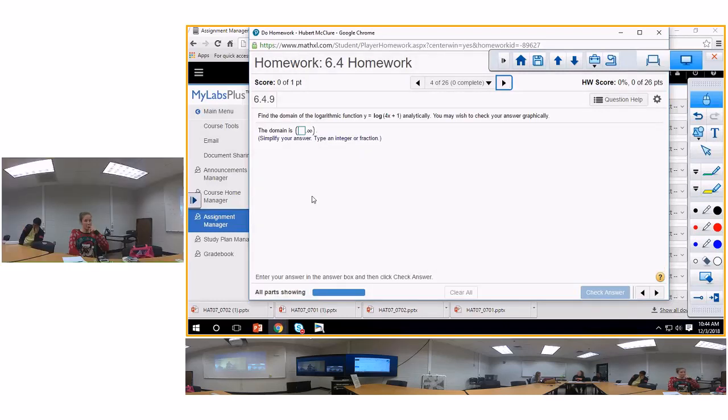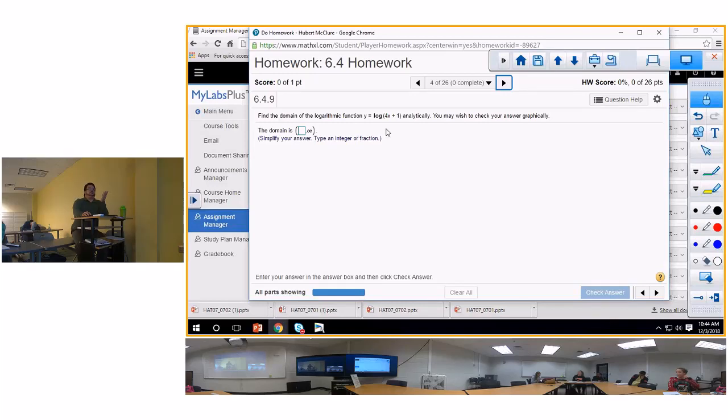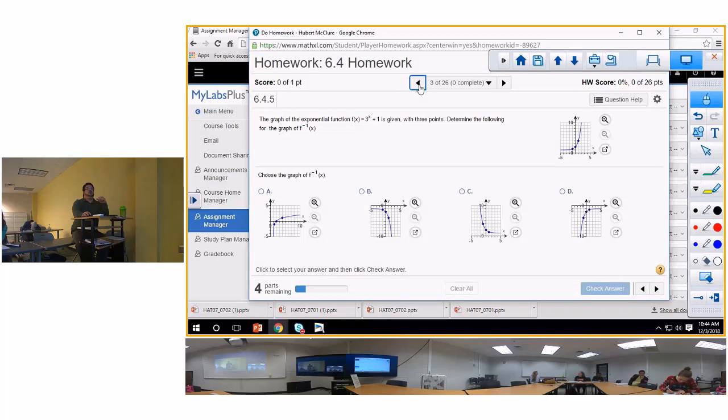Yeah, see that question, all you got to do is set the 4x plus 1 equal to 0, because you can't take the log of what? Of 0 or negative. Let me go back. I'm going to make sure the graph of the above is given with 3 points. Determine the following of graph of f of x. That's where you use your graph.